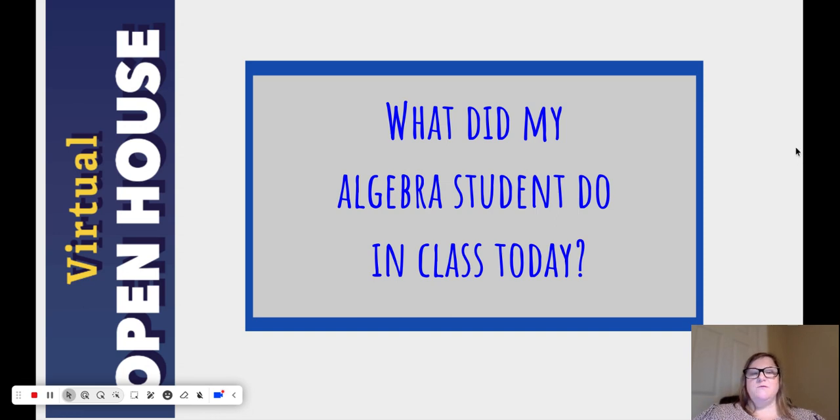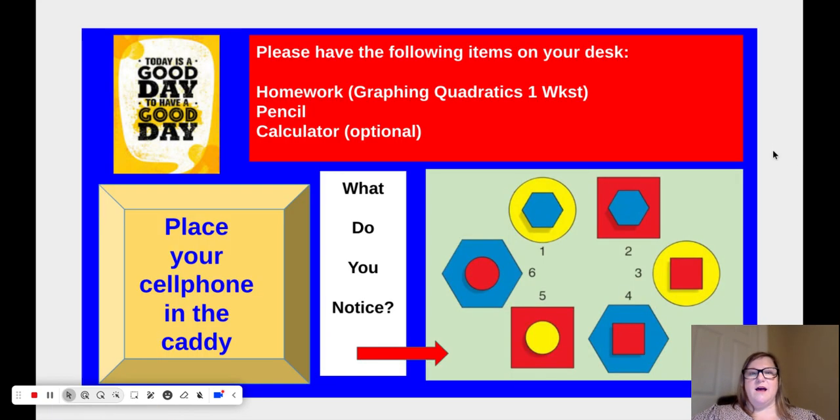If you're interested in knowing what your student did today in class, when students enter the room, they are met with a slide up on the screen that looks similar to this. I always try to have our reminders for the day. What do we need out on our desk? Try to have something positive, inspirational or motivational, a quote for the day, an image, something like that.